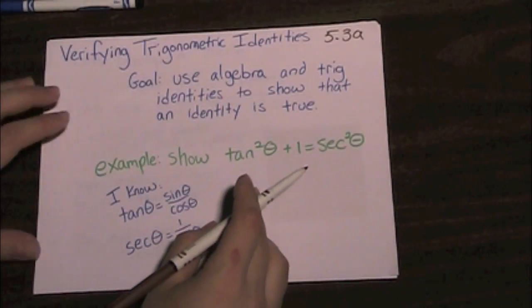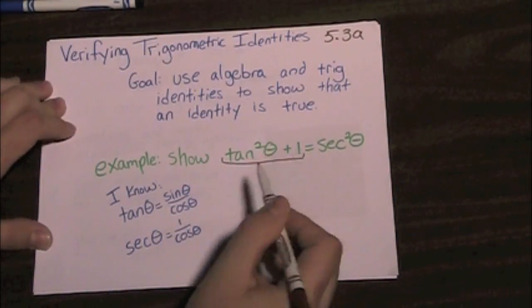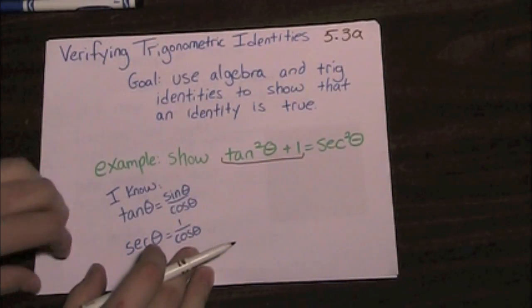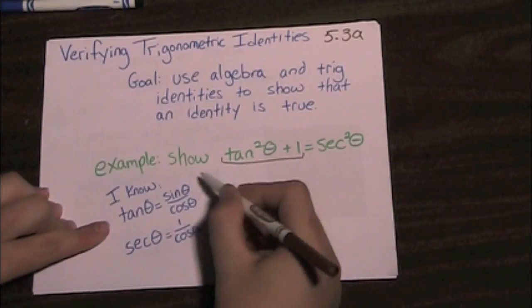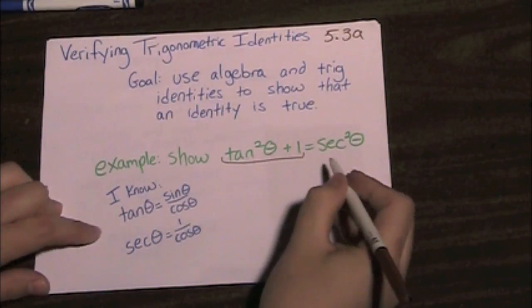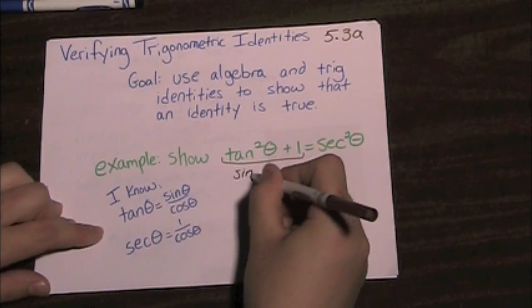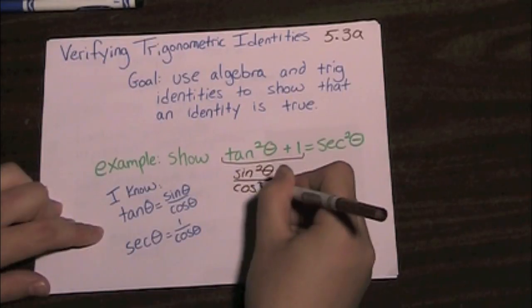If I begin by taking a look at the tan squared plus 1 side, I know that tangent of theta equals sine over cosine of theta. So tangent squared of theta is going to be sine squared of theta over cosine squared of theta.